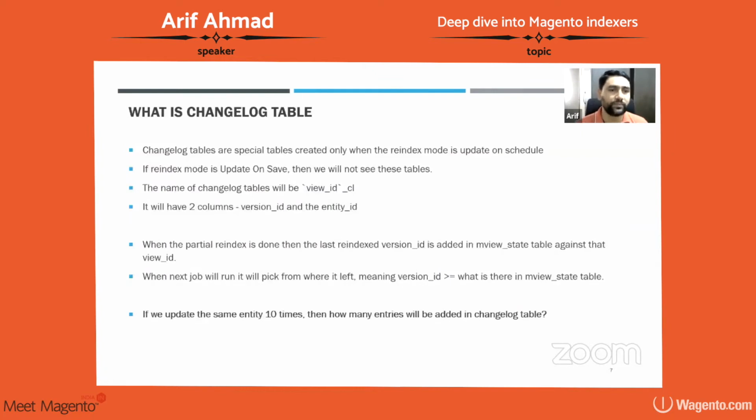Change log tables are special tables created only when the indexer mode is update on schedule, as I said earlier. If the mode is update on save, then we will not see these tables at all. It's not that the table will be there with no data; the table itself will not be there. The name of the table will be view ID underscore CL.